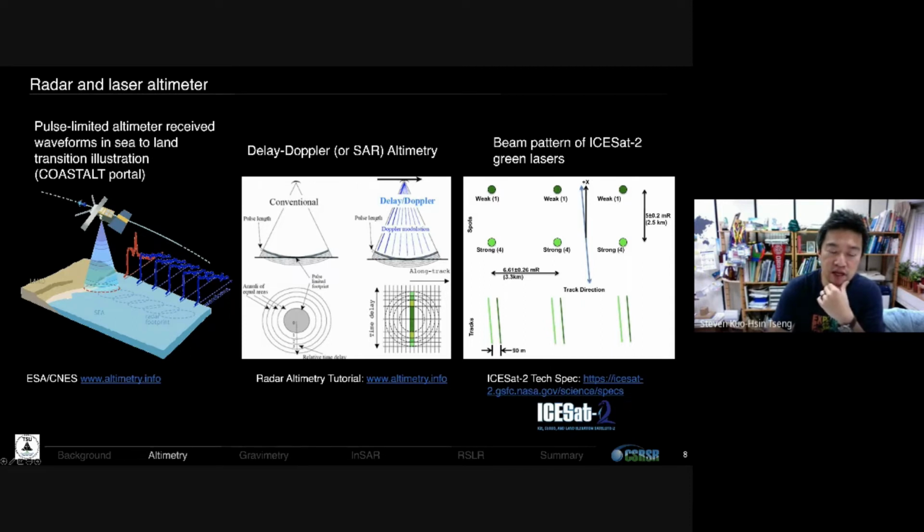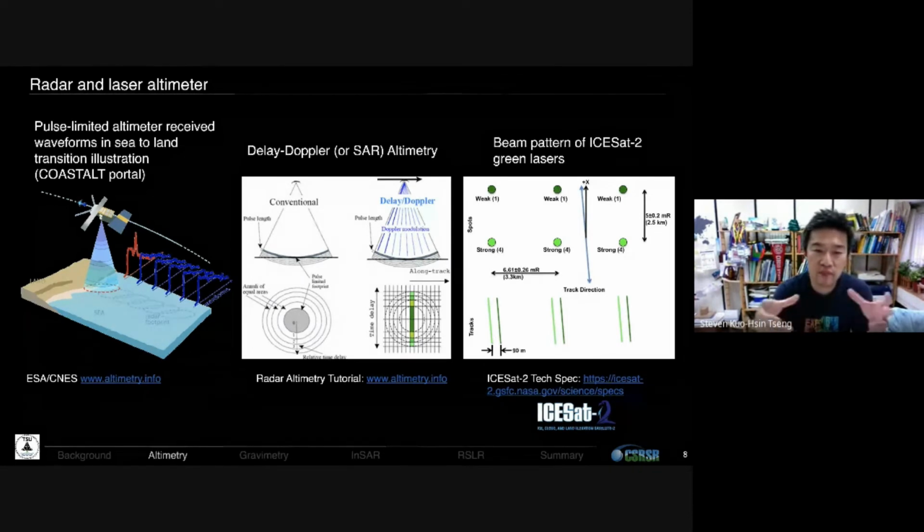It means the signal interacts with the sea surface, and the interaction area expands as time goes on. So basically, we can measure the strength of the return signal and understand how high the surface is, or what is the time latency between the emission and the reception of the signal. So it's a very conventional pulse-limited radar, how it works.